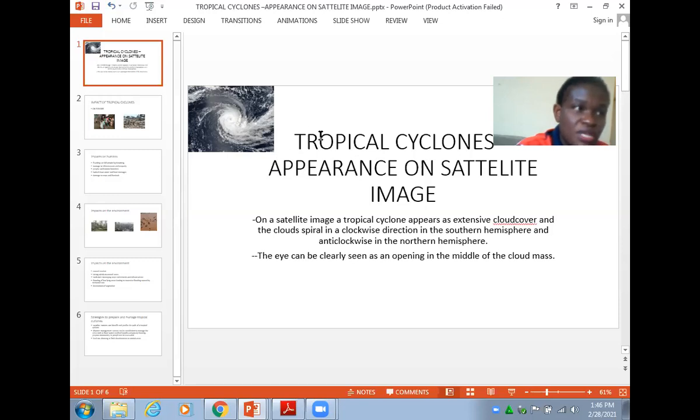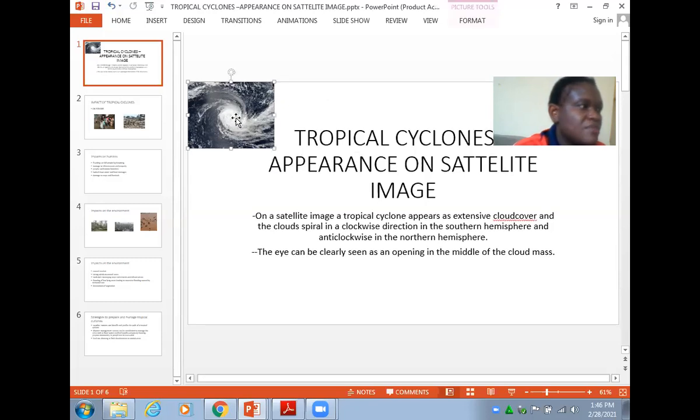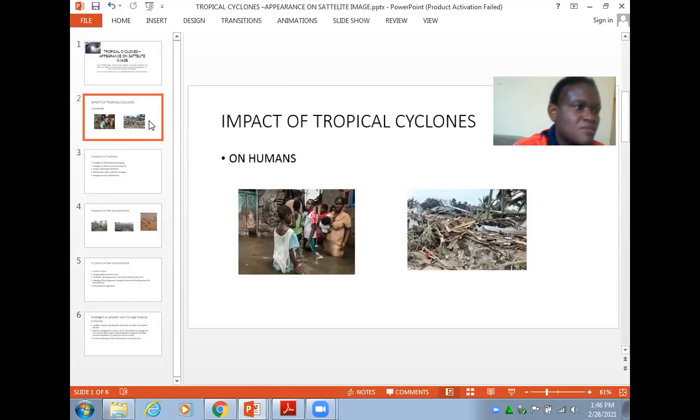In the northern hemisphere, it would appear in an anti-clockwise direction. In the middle of this cloud mass, you will see the opening, which is what we call the eye. Remember, the central point of a tropical cyclone is the eye, and this is clearly evident on the diagram.